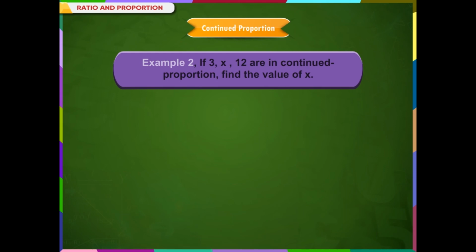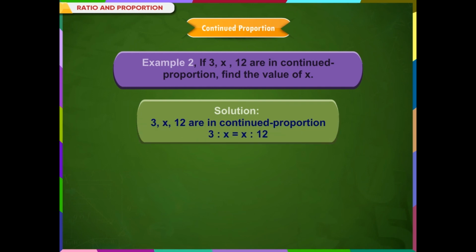Example 2. If 3, x, 12 are in continued proportion, find the value of x. Solution. Since 3, x, 12 are in continued proportion, therefore, we can write these numbers as 3:x is equal to x:12.